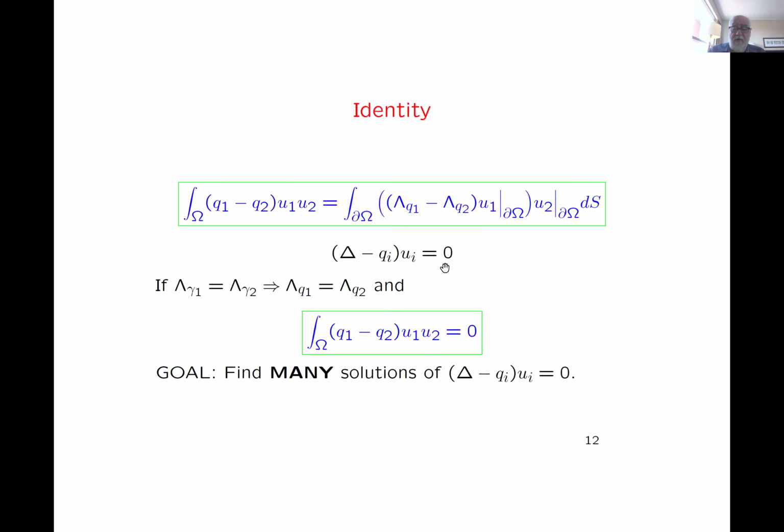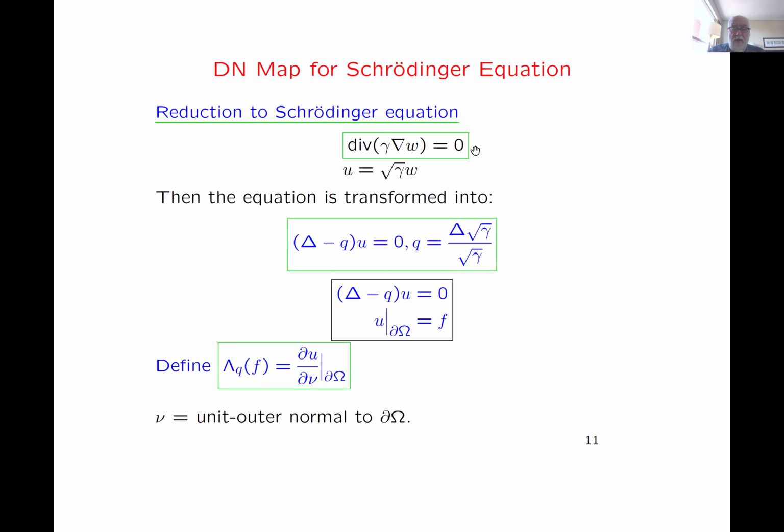Okay, so the reason for the smoothness required in the conductivities is this reduction, this Liouville transformation that reduces the problem to the case of the potential that I mentioned already. In this case, there is a unique solution of the problem if the potential is of this form. And one can pose the problem for a general potential, even complex valued, as long as the Dirichlet problem has a unique solution, so 0 is not a Dirichlet eigenvalue.